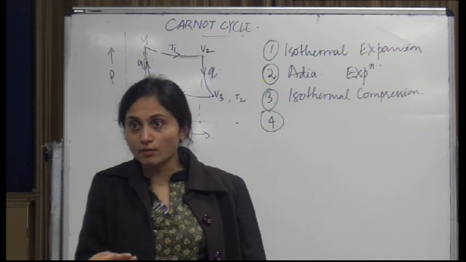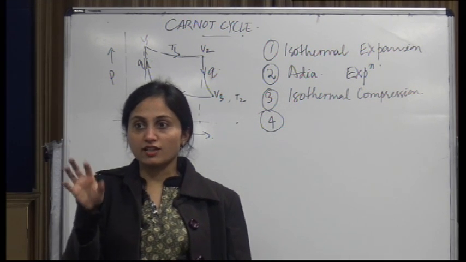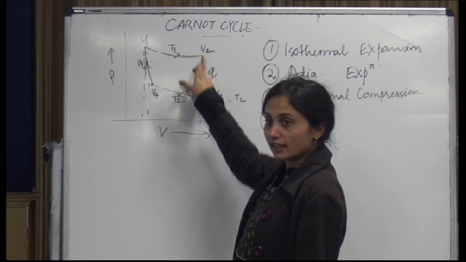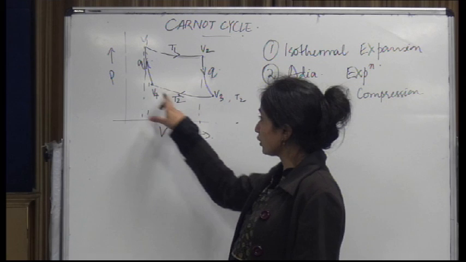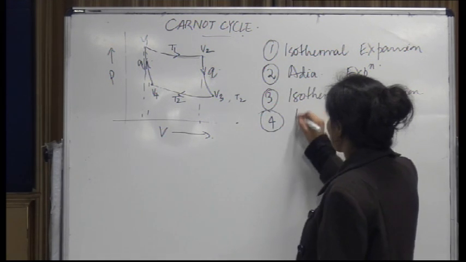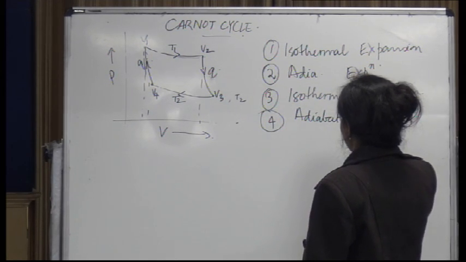The next 2 are compression. ठीक है, and then it's alternate iso-adia. So it is isothermal expansion, adiabatic expansion, isothermal compression, adiabatic compression. Right? So the last will be adiabatic compression.